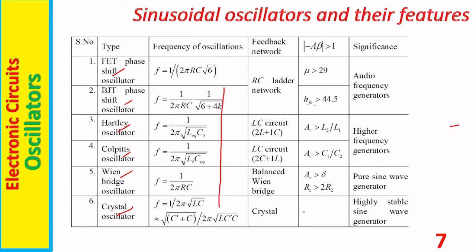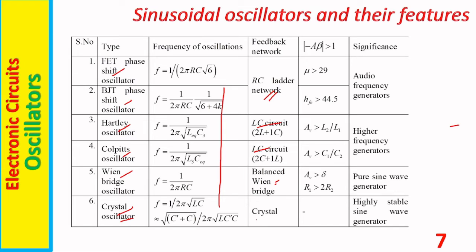In the next column, information is given regarding the beta network or feedback network. In the case of phase shift oscillators, as already mentioned, the beta network is an RC ladder network. In the case of Hartley and Colpitts, these two belong to the resonant type of oscillators. An LC circuit is used. In the case of Wien bridge oscillator, the Wien bridge is the beta network.